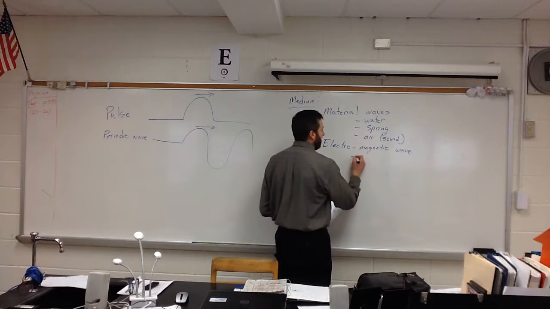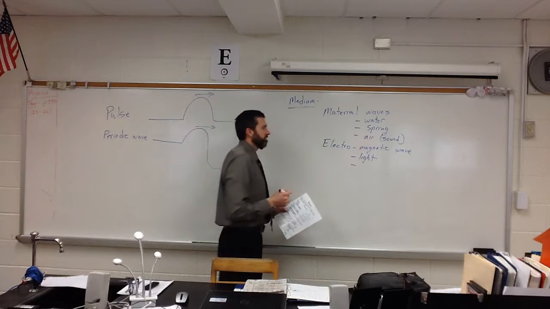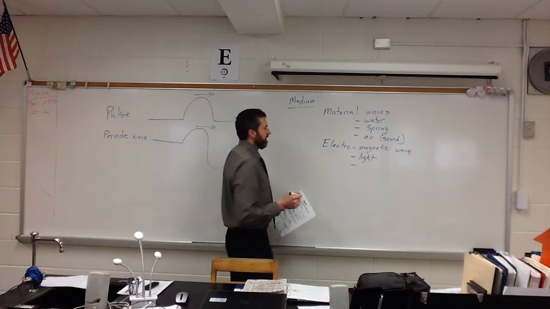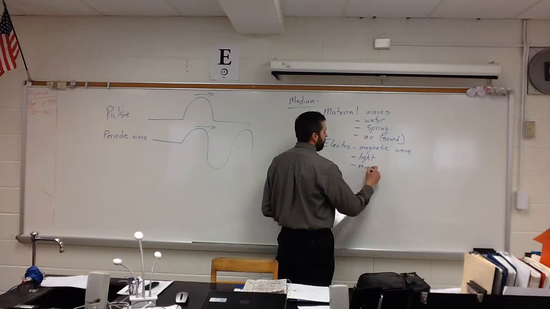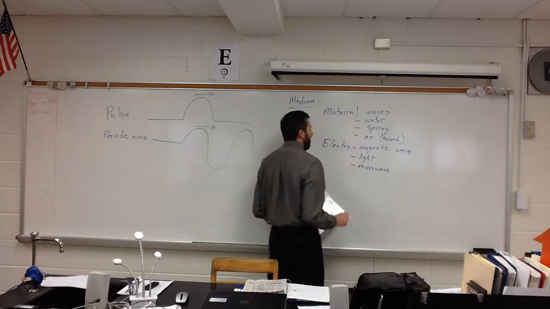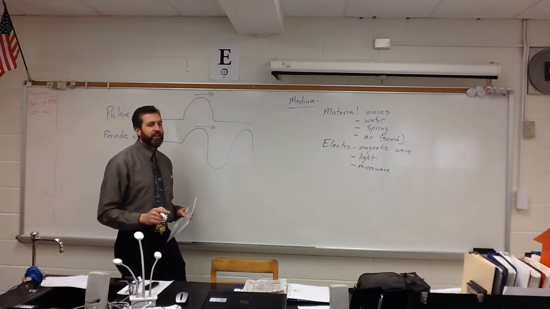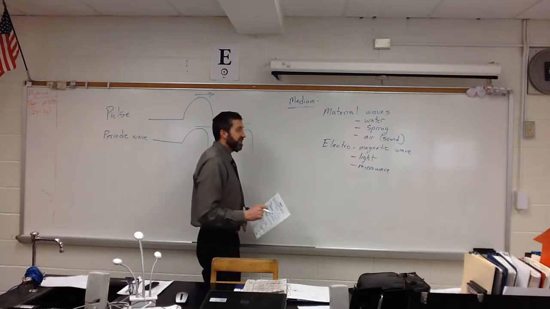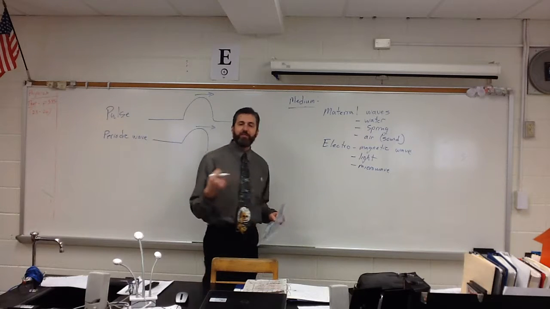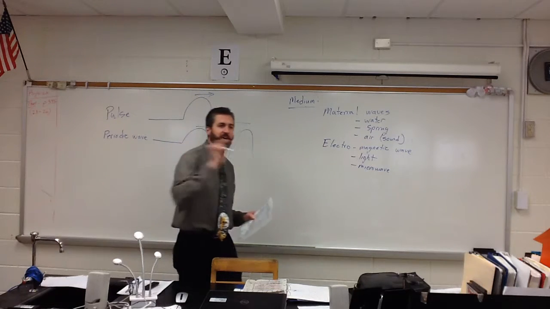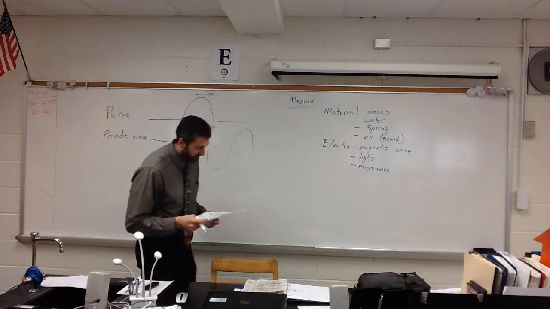So if you're talking about a light wave, or a microwave, and I don't mean the thing that you cook, I mean the wave that's the micro size, or a high energy gamma wave, these things are electromagnetic waves. They don't need material. They can get from the sun to the earth with nothing in between. That's a totally different type of wave.